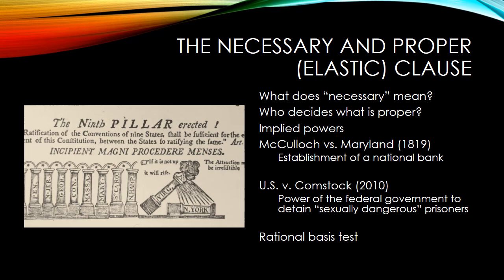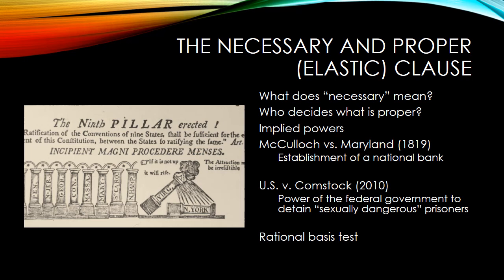Does it somehow emanate from the powers that are enumerated? And the court said, yes, the incorporation of a national bank is necessary and proper to the execution of Congress's enumerated powers. So the Necessary and Proper Clause has been used to delineate a scope of implied powers for Congress without which it couldn't actually get done the powers that are in the Constitution.